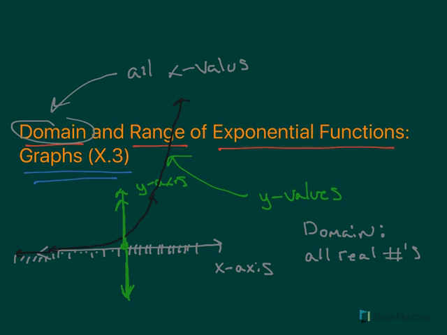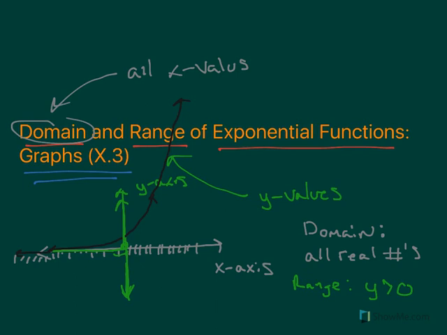So for the range, we'll say that y needs to be some number bigger than 0. It's not going to be equal to 0 because the graph will never actually touch the x-axis, so it gets as close to the x-axis as it can. So the y values stay greater than 0.